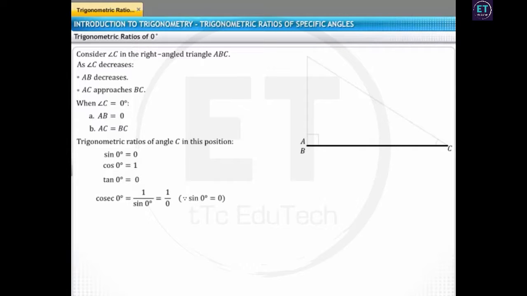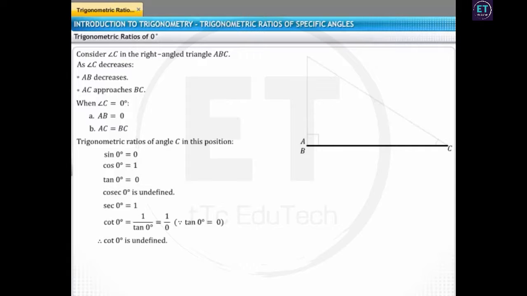Since any quantity divided by 0 is undefined, cosec 0 is undefined. Sec 0 is equal to reciprocal of cos 0. Thus, sec 0 is equal to 1. Cot 0 is equal to reciprocal of tan 0. Therefore, cot 0 is undefined.